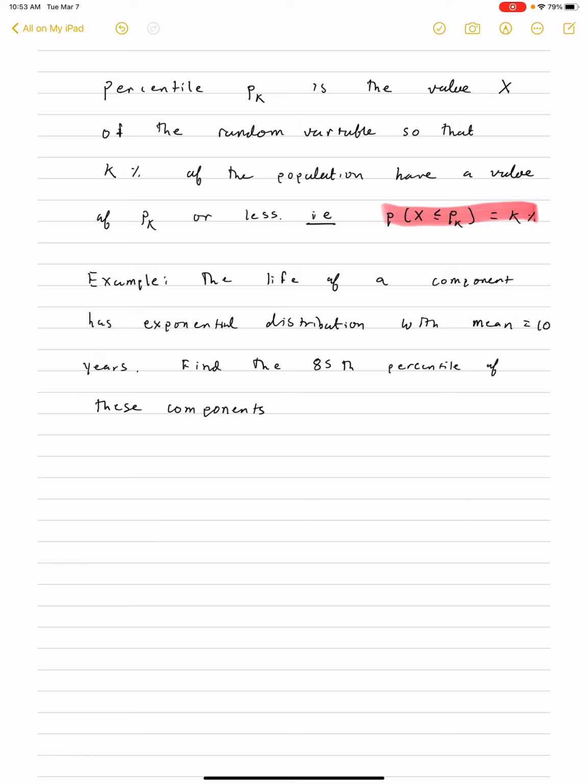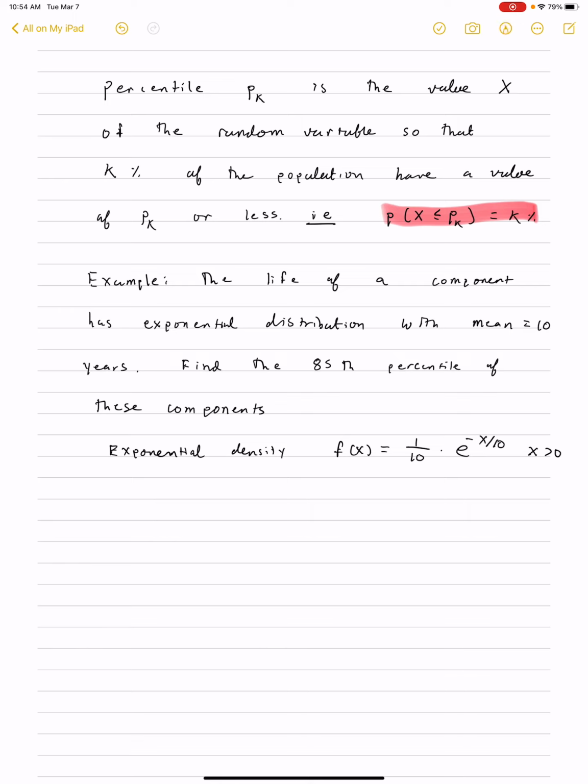So one thing that's important is that the exponential density is given by 1 over 10 times e to the minus x over 10 for x greater than 0.